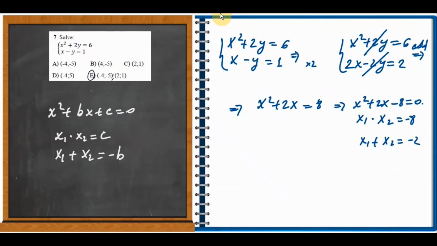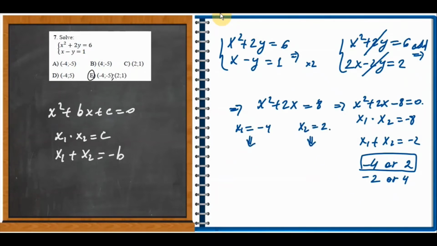Now, what are these numbers? We can say that they are either negative 4 and 2, or negative 2 and 4, because their product is negative 8, but their sum must be negative 2. That's why we will choose negative 4 and 2. So x1 is negative 4, x2 is 2. Now, according to x1 and x2, we will find the y's. In the original equations, we will take the second because it's easier to use.